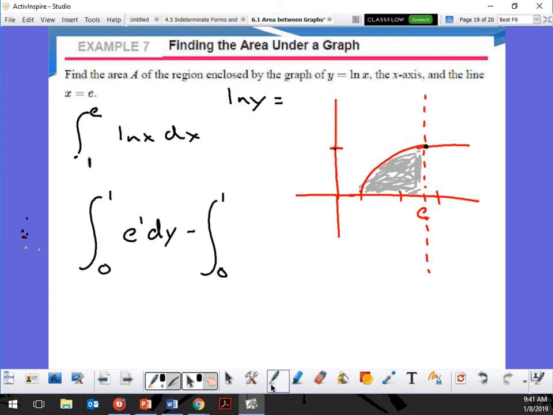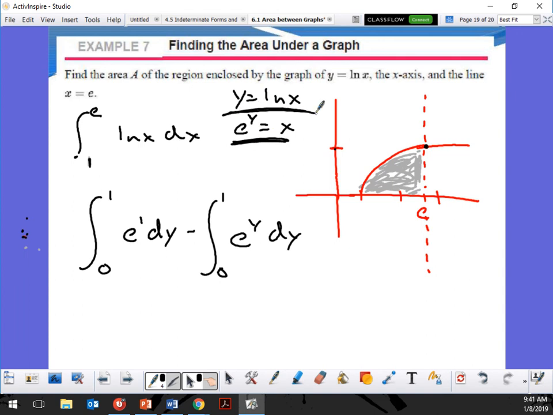Okay, so now e to both sides, wouldn't that be e to the y equals x? Yes. So that's going to be e to the y dy.